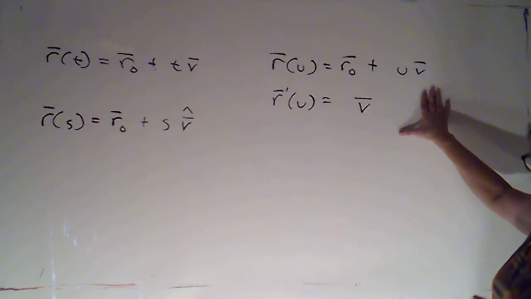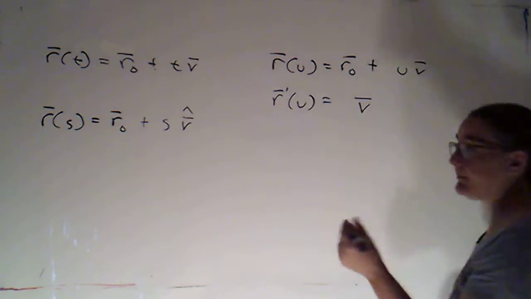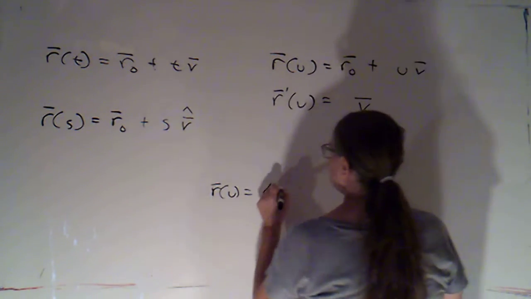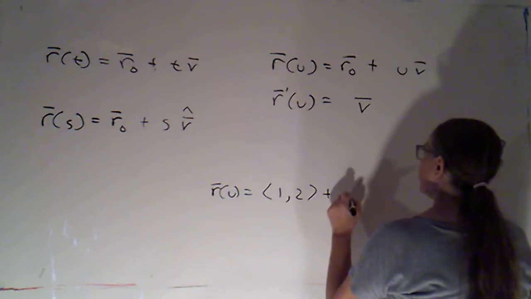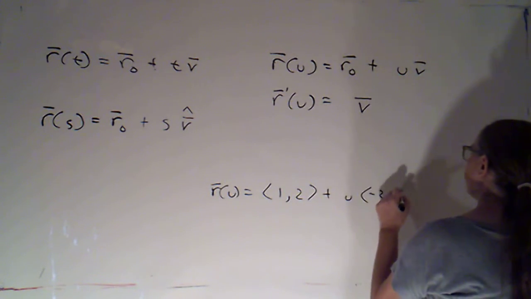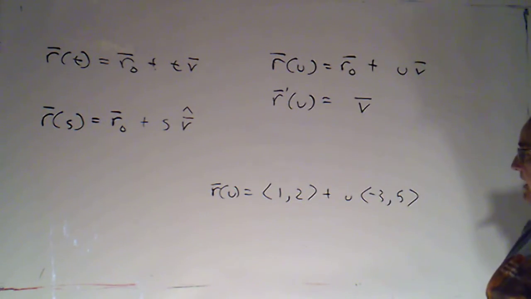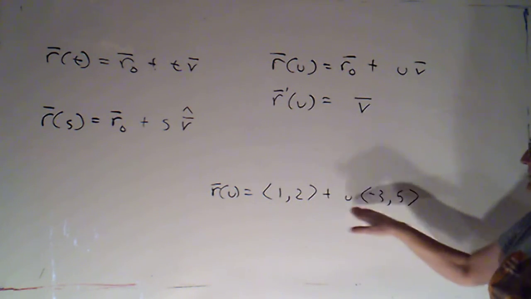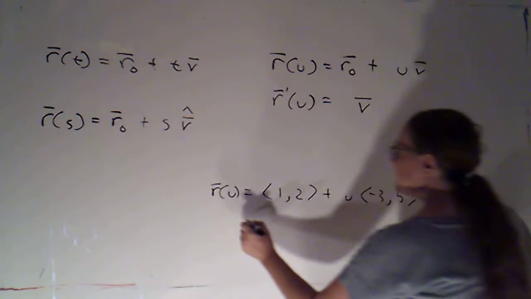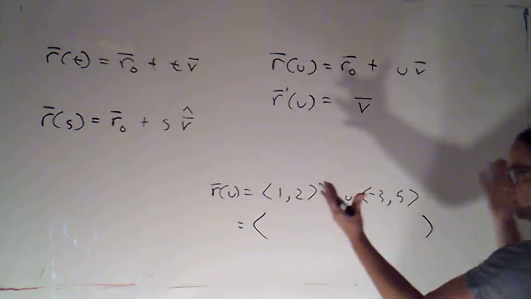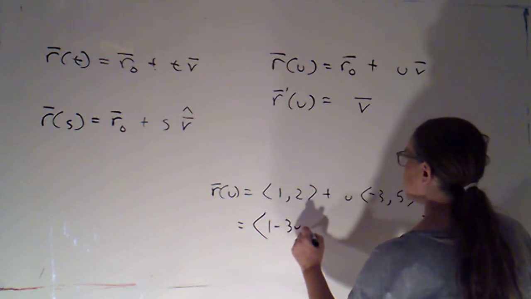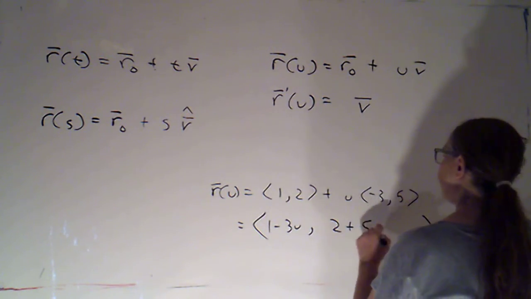Now, that's maybe a little bit easier to see with a specific example. So let's just suppose that I had r of u was equal to 1, 2, plus u copies of -3, 5. So there's my starting point, direction vector times my parameter. Now, if I just actually did the work to do the addition and the scalar multiplication, this becomes 1 minus 3u, 2 plus 5u.